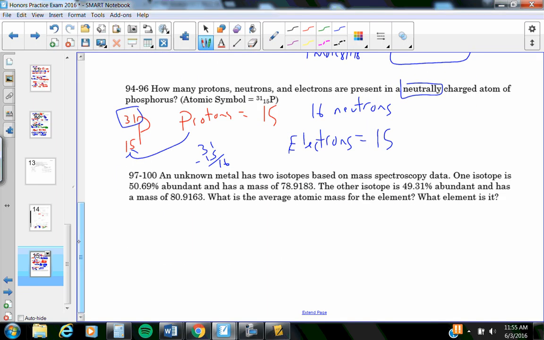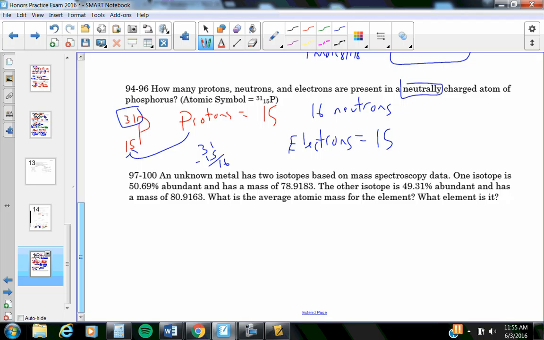Finally, an unknown metal has two isotopes based on mass spectroscopy. One isotope is 50.69% abundant. So this is one where we have to figure out what the atomic mass is for the element and then check the chart to see what element it is. We could probably just look at the two numbers and figure out what element it is, but how do I calculate?